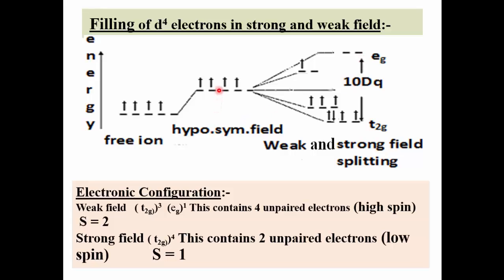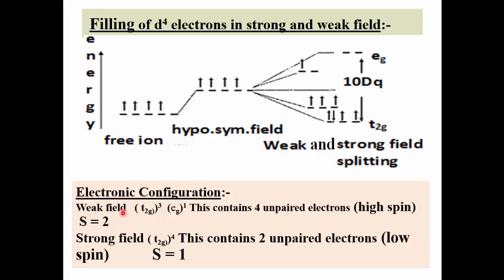How do electrons enter in a weak field? See, in a weak field, this is the first electron, this is the second electron, this is the third electron. The 10 dq value is less, therefore the fourth electron enters the higher eg orbital. So one electron enters the eg orbital in case of weak field.